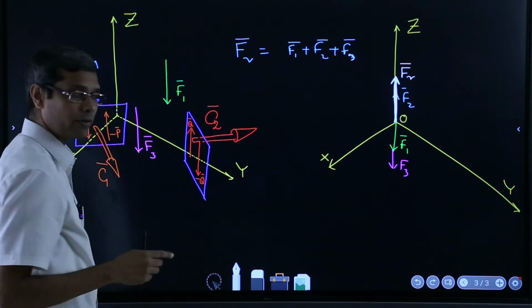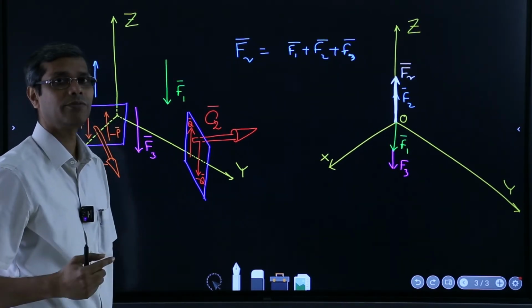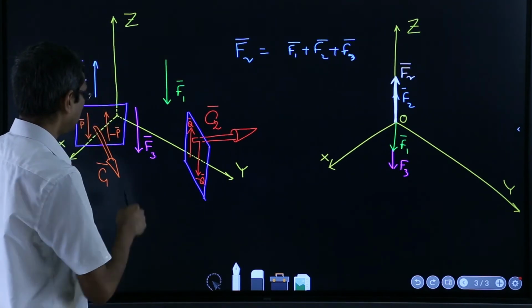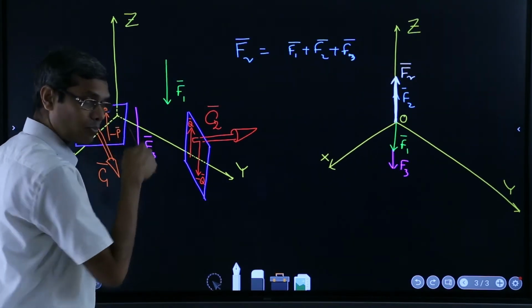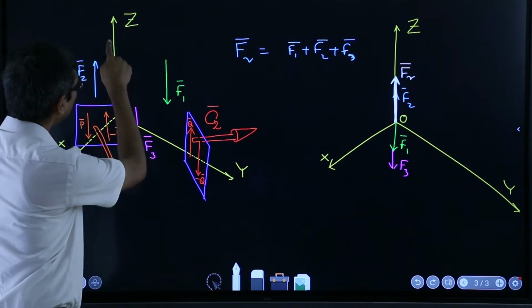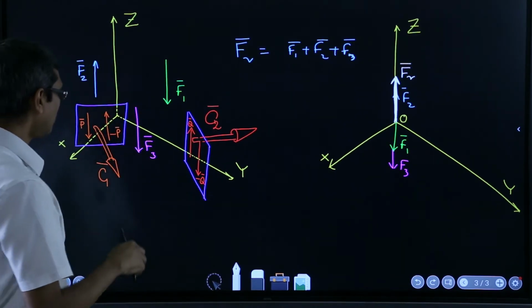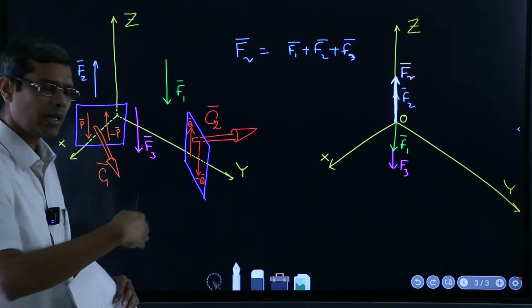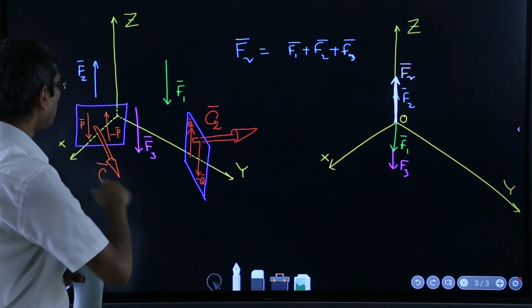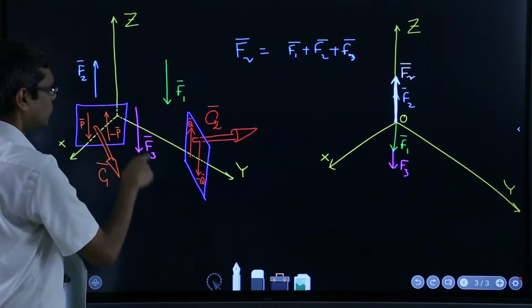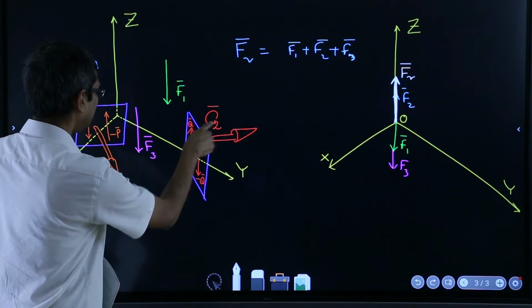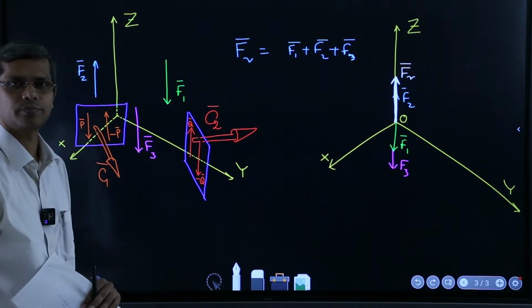Similarly, if I move F3 to the z axis, then the couple moment which we will have to introduce as a compensatory couple moment will be perpendicular to the plane that contains both F3 and the z axis. But whatever may be their orientation, they will always be perpendicular to these forces. So they will be of these types, right, C1 and C2.